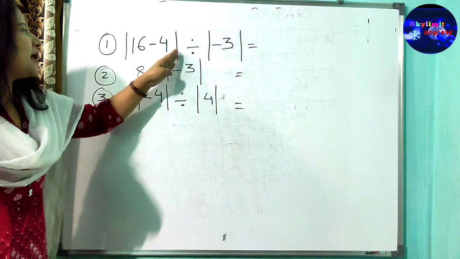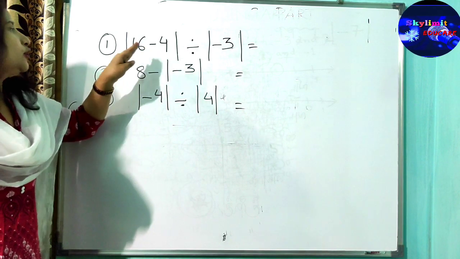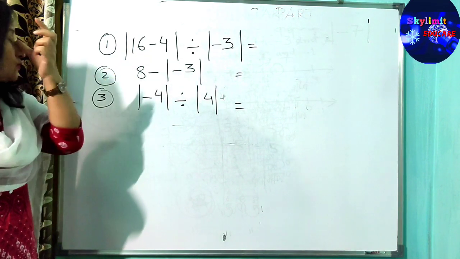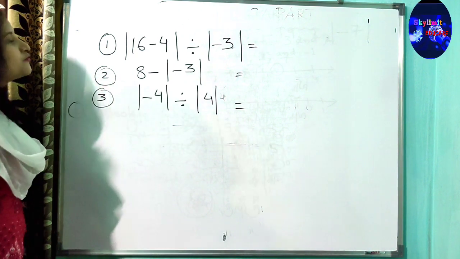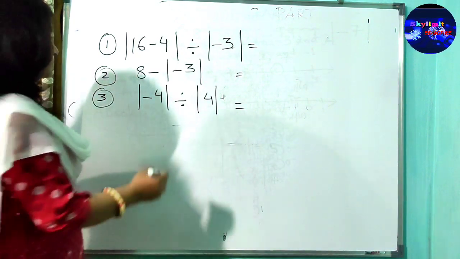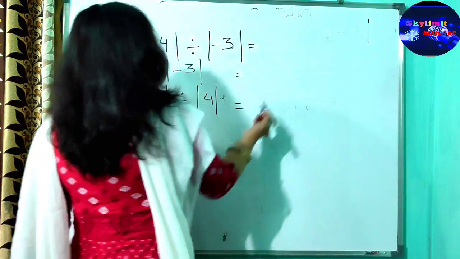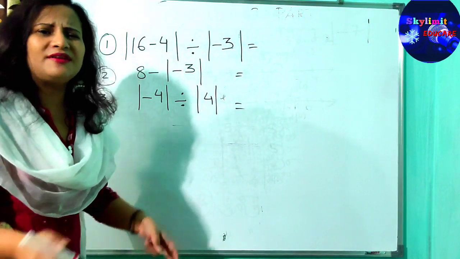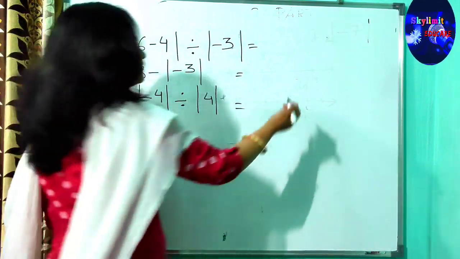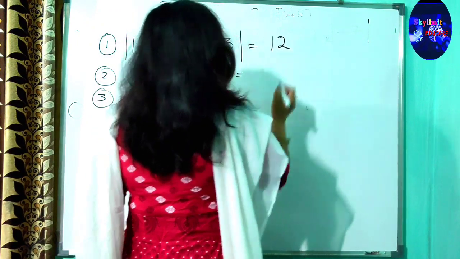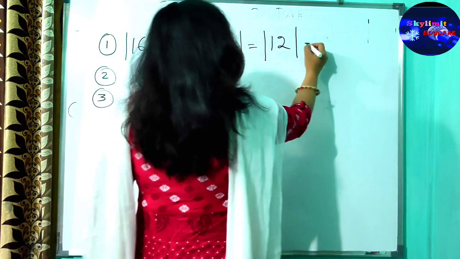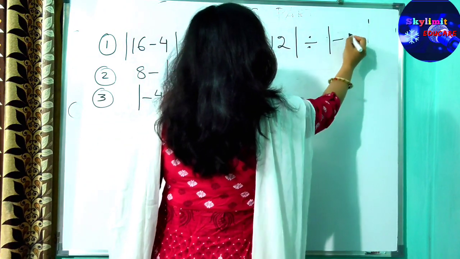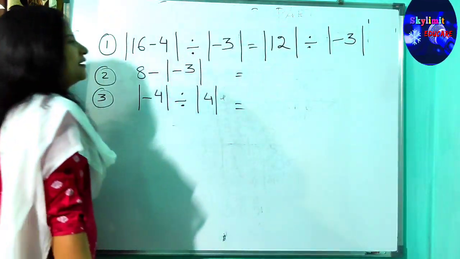Whatever is there in the absolute value bracket, you have to solve it first. Yes or no? So what is there? 16 minus 4. What is the difference of 16 minus 4? 12. Obviously it is 12, you all know. And what is the absolute value of 12? It will obviously be 12. Yes, you can write it stepwise like that: absolute value of 12 divided by absolute value of minus 3.